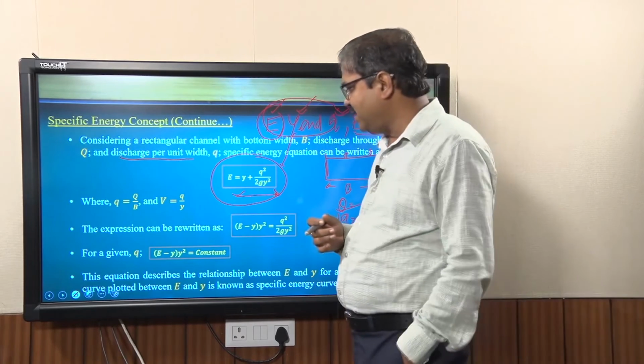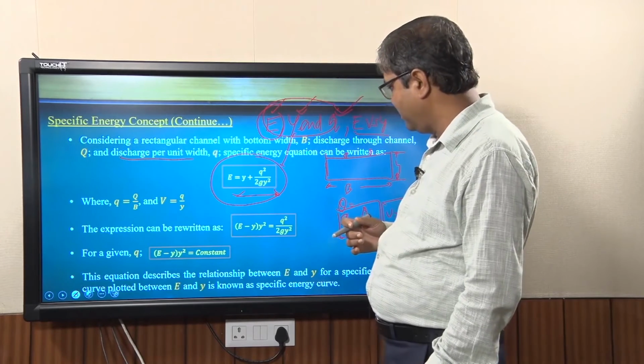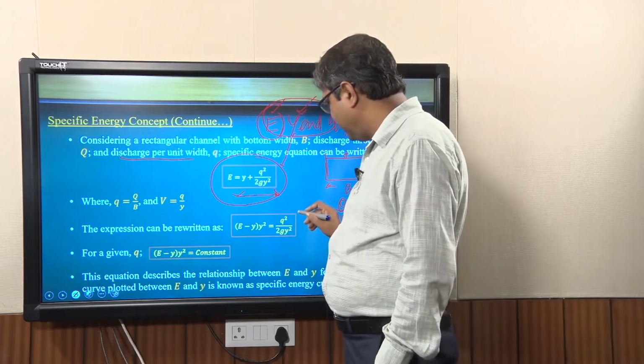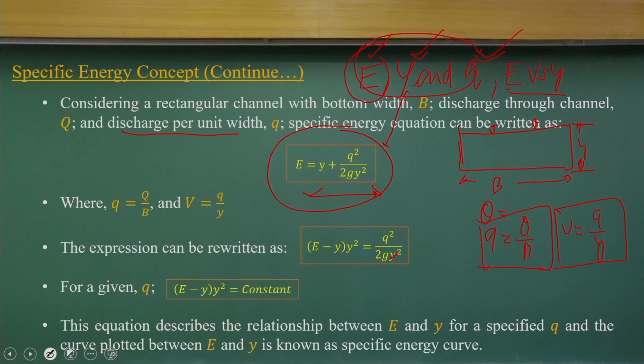So, if you look at that, the first point we have done is that we assume q is a constant. If you consider q a constant, you can rewrite the equation in a simple form.